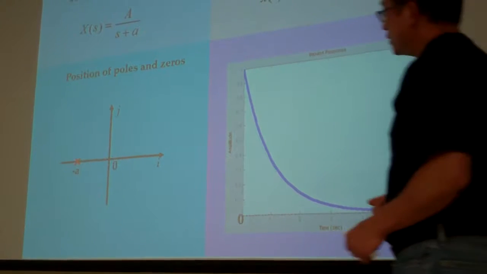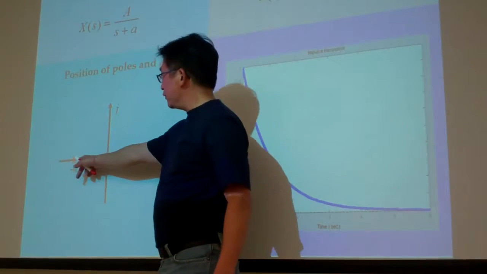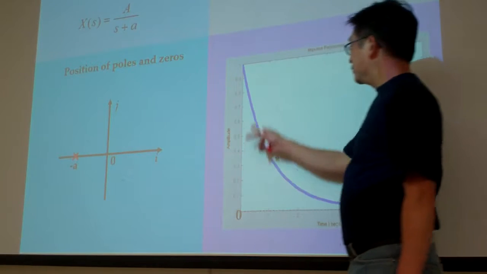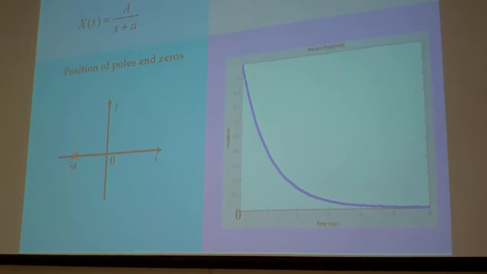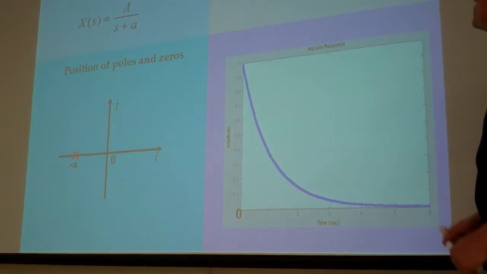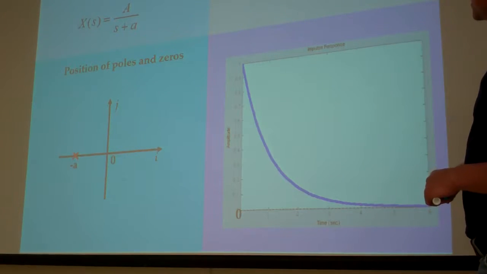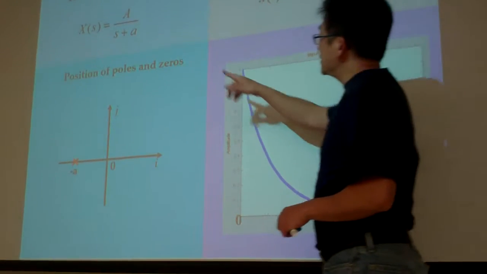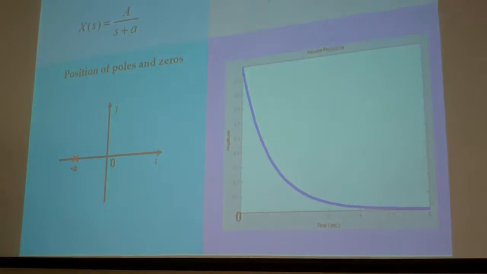Okay, and here I'm going to give you a systematic justification. If we only have one real root, the response will be like this. Why? Again, for this system, let me do this calculation carefully for you.